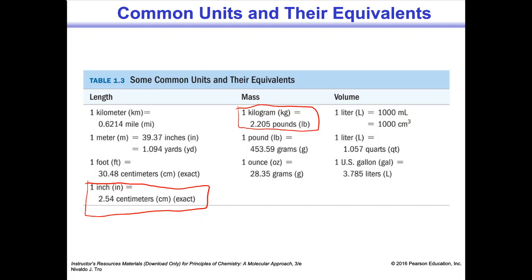But if you know how to go from kilograms to pounds, that's a good one to know. And for volume, you'll just have to practice those. These are a little more difficult, but you could go, for instance, from square inches to square centimeters. That might be helpful. But you just have to get familiar with these conversions and see which ones you use a lot. I don't have a trick really for this. It's just something you have to learn and practice.